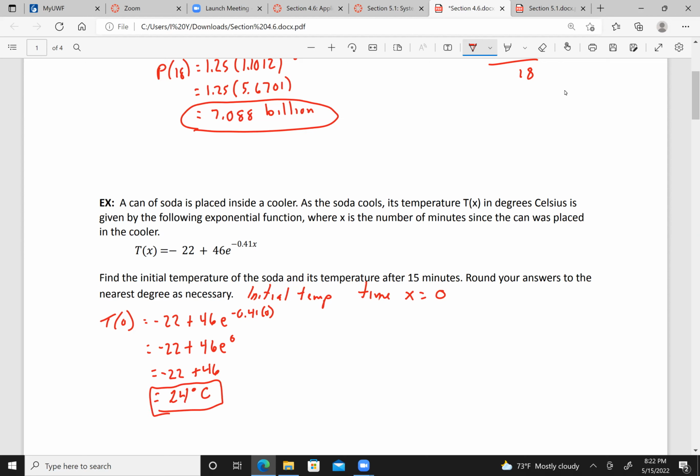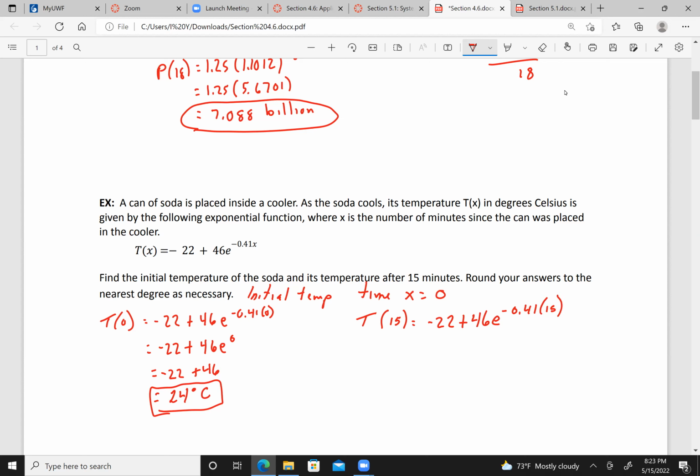Now we want to know what the temperature will be after 15 minutes. So T of 15 is equal to negative 22 plus 46 e to the negative 0.41 times 15.